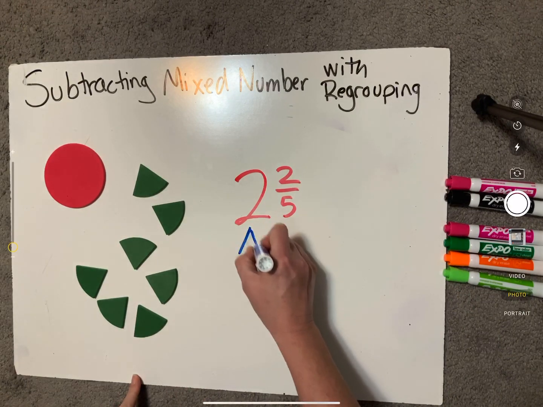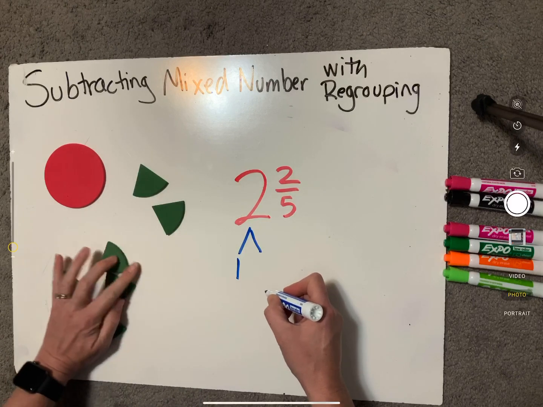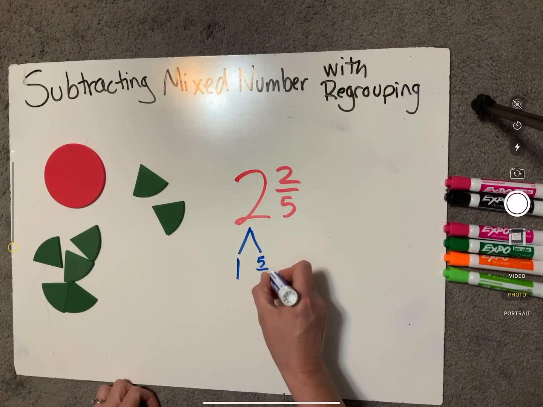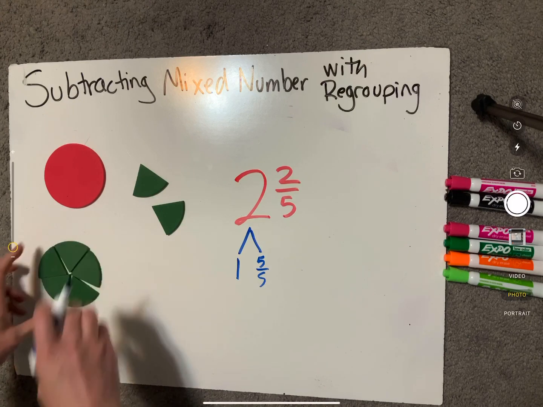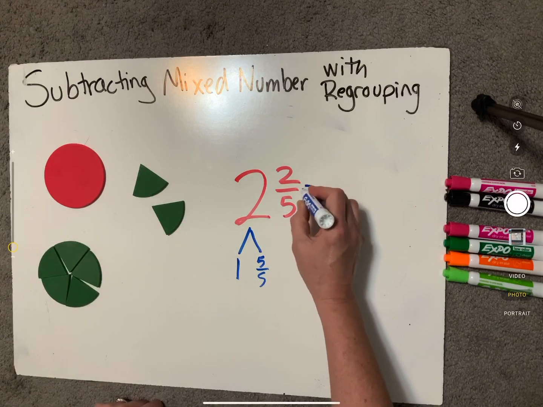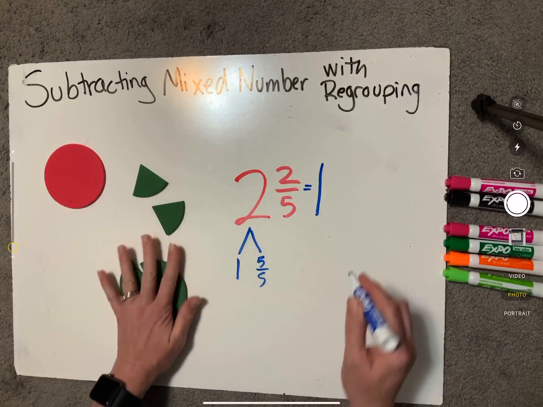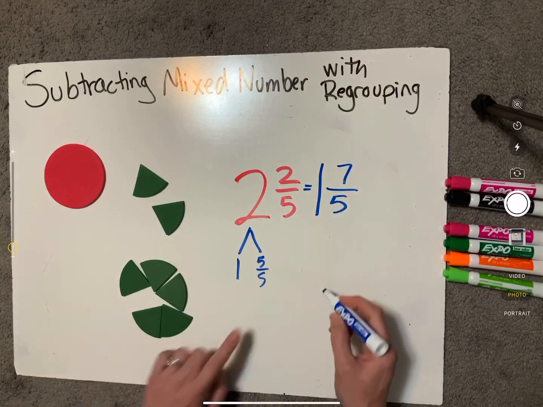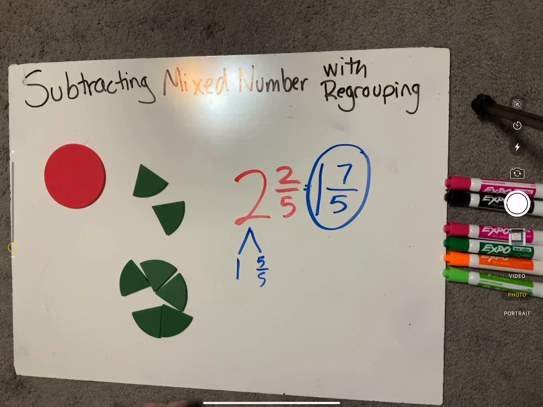Just like we talked about before, you can split out this whole number into 1 and 5/5. So when we regroup this, we have 1 whole and 7/5, because 5/5 plus 2/5 equals 1 and 7/5.